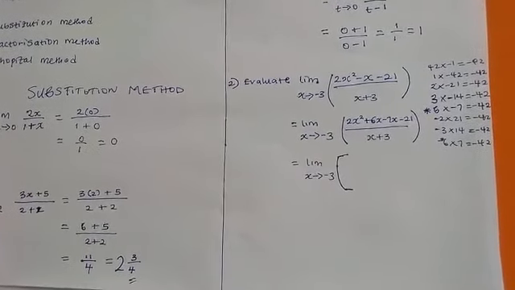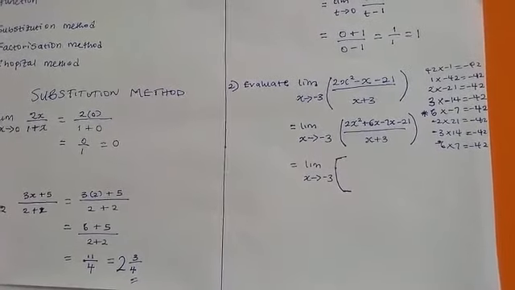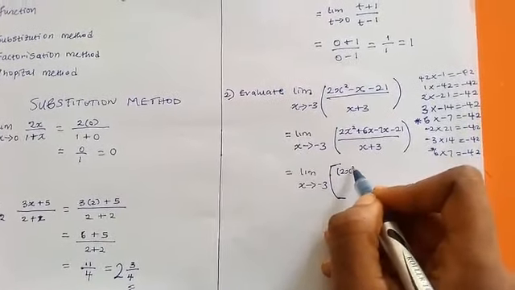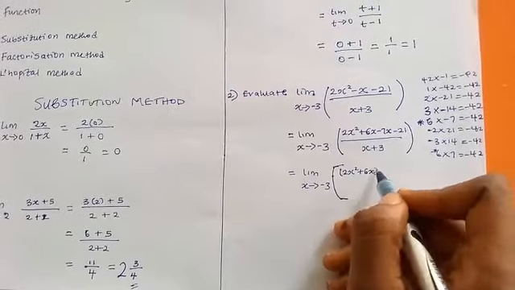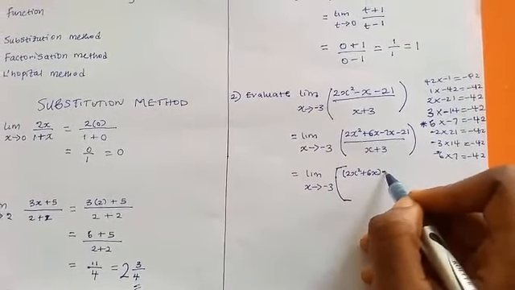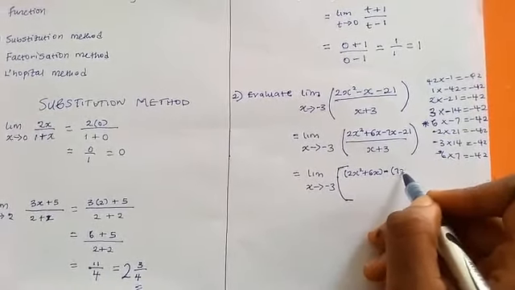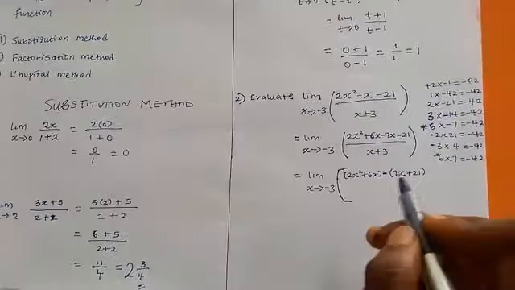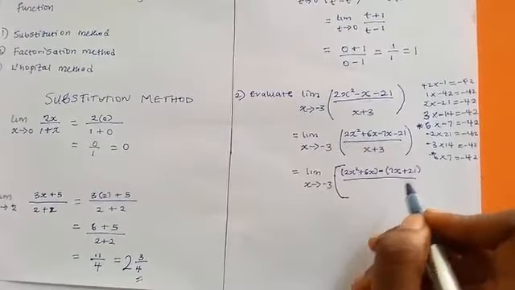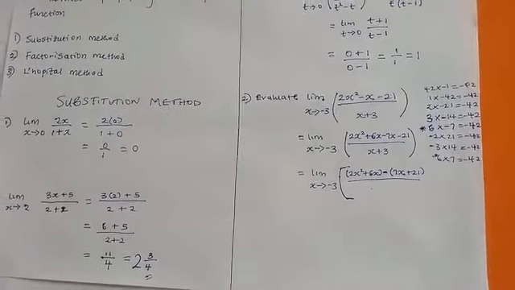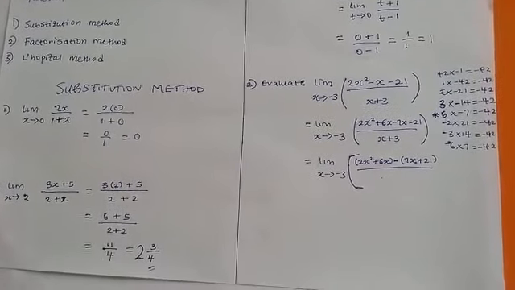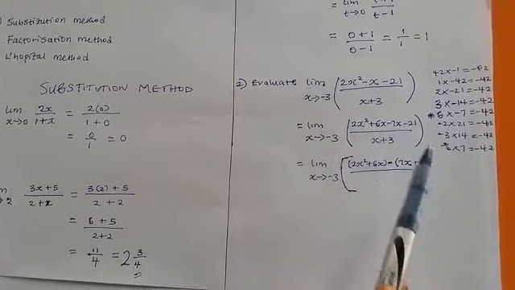Because I want to group them, we enclose them in brackets. That means we have 2x squared plus 6x, then we have our minus here, then you have 7x plus 21, all over x plus 3. Now, take note of this. Here, we had minus, I changed it to plus.